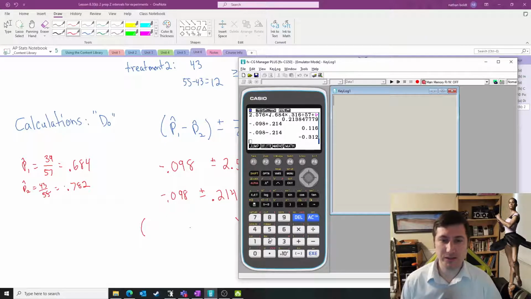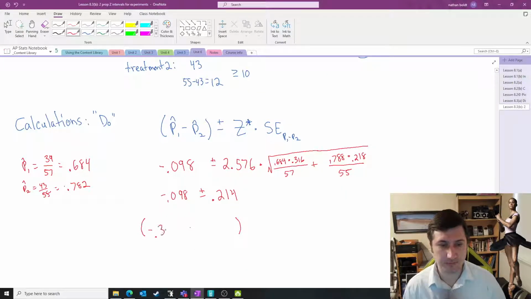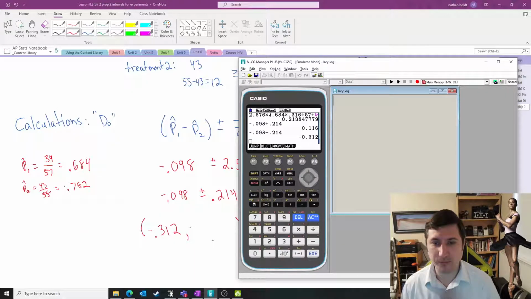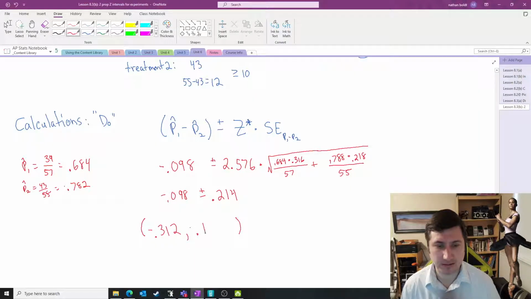So our lower interval here is negative 0.312. And our upper interval, I forgot it already, 0.116. There we go. There is our confidence interval.